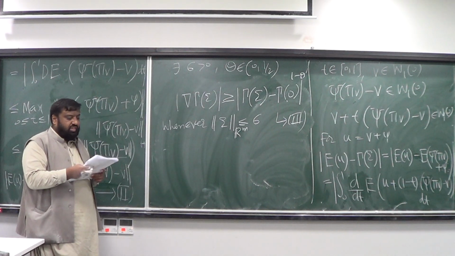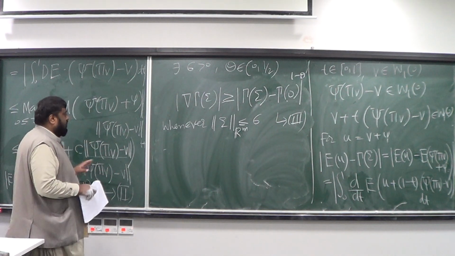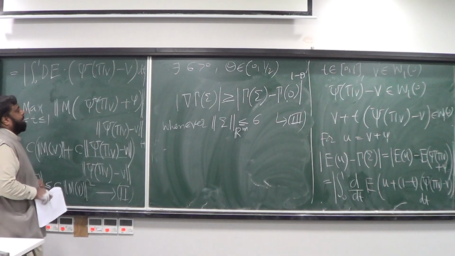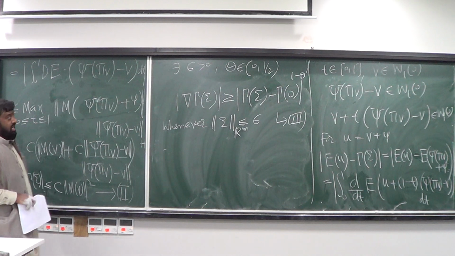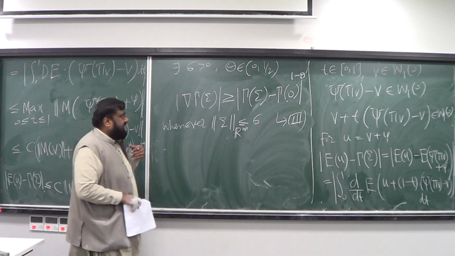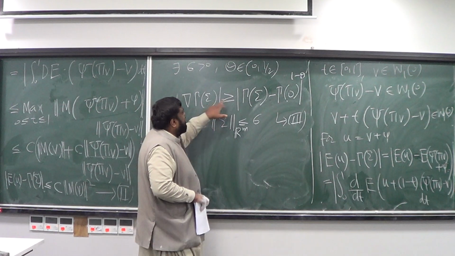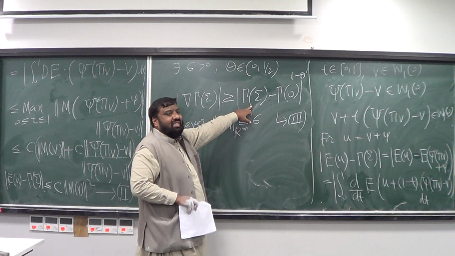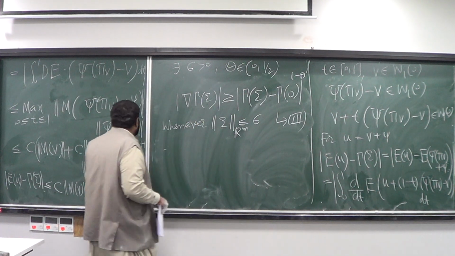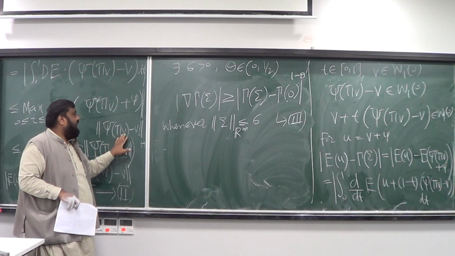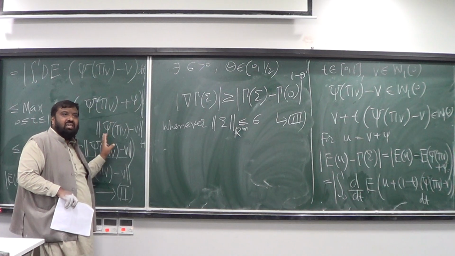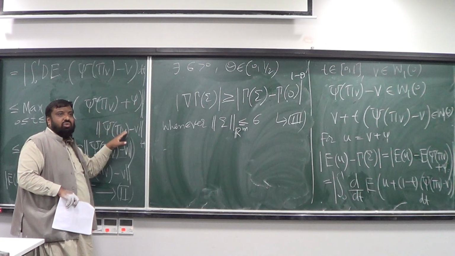For now, I would like to use these three inequalities, 1, 2, and 3, to prove the inequality that I want. By the way, you can always reduce these ξ's in such a way that π of v becomes an element in W2 of 0.